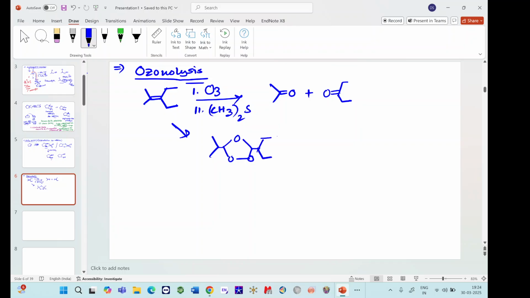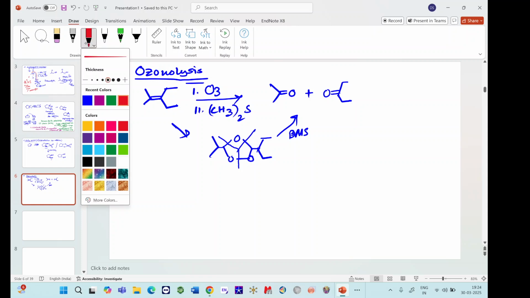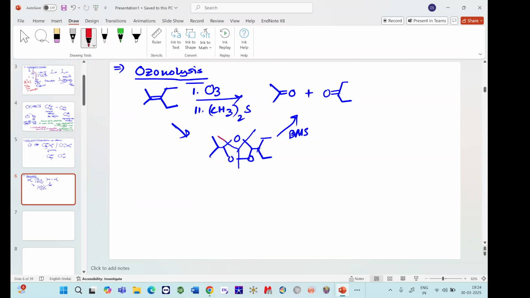Okay, and then you react with dimethyl sulfide. Okay, it breaks like this. Then you get two ketones.